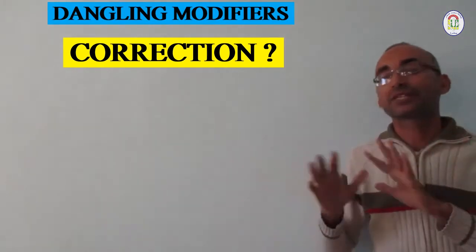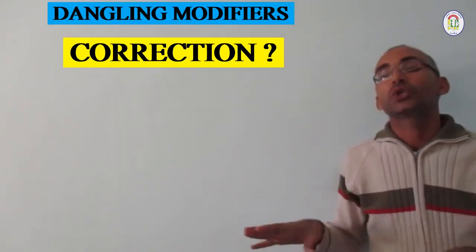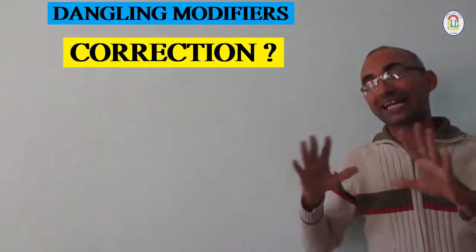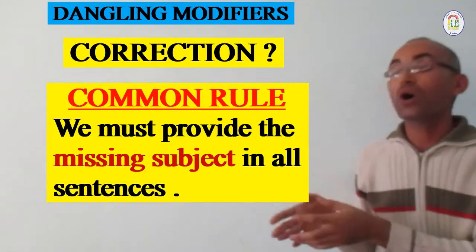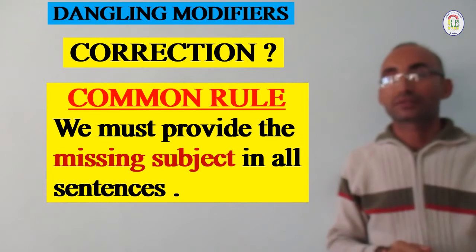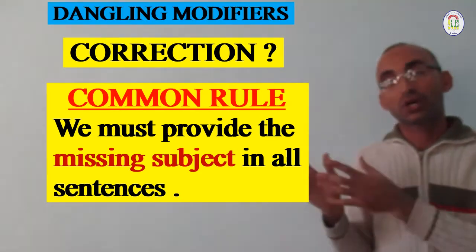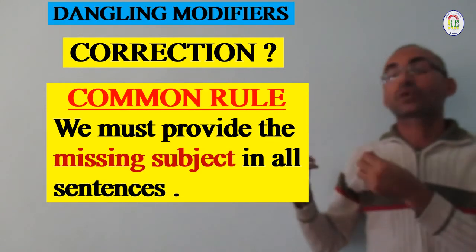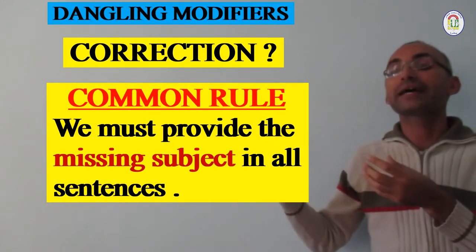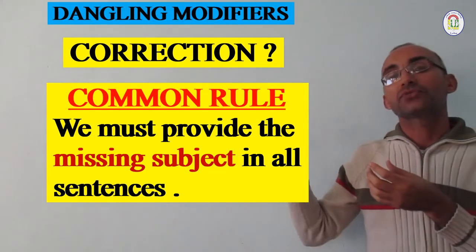Here it's something different. Usually we have one common rule: we must provide the missing subject in all these examples, because it is what is needed and required to be modified by my phrases and by my words.